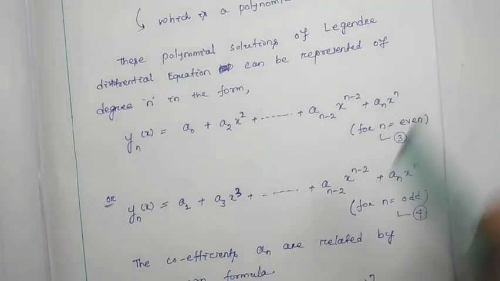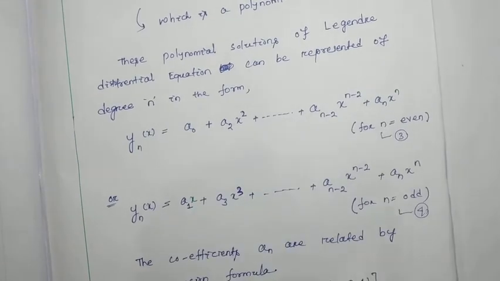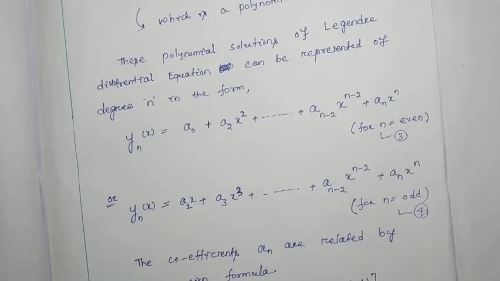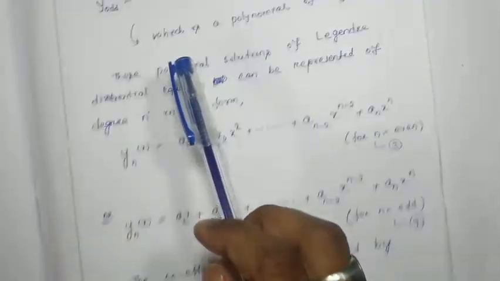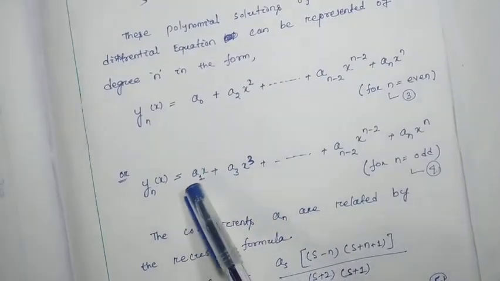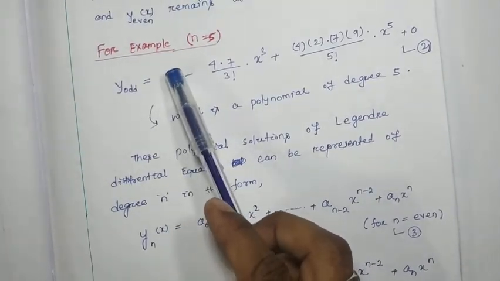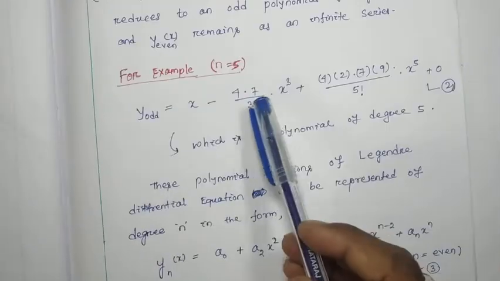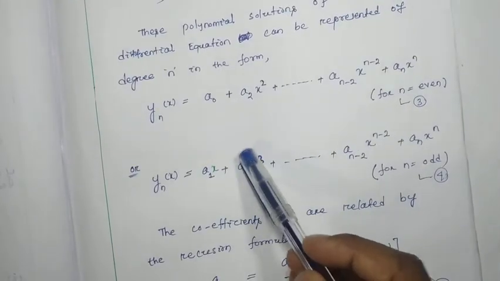Here I forgot to write x, so just write x, a1 x, because in the case of n equal to odd we find x minus x cube, where a1 into x is the coefficient of x, and then a3 x to the power 3, that means minus 4 into 7 by 3 factorial will be considered as a3, like that.